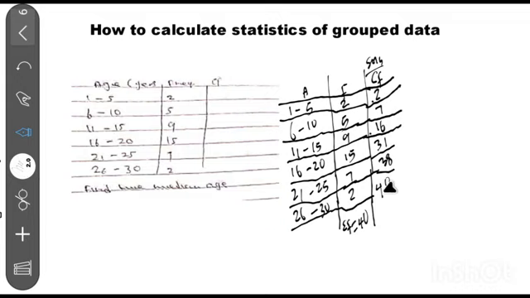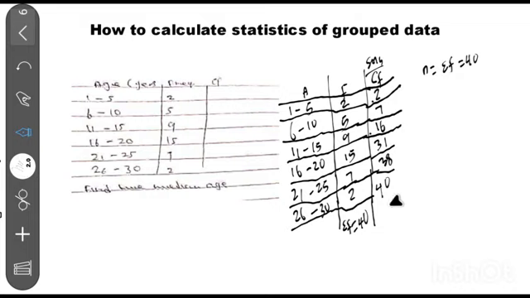This is called the number of observations. Many textbooks say that the sum of the frequencies is called the number of observations, denoted as n. So n is the number of observations, and it is the same as the summation of f, which here is 40.